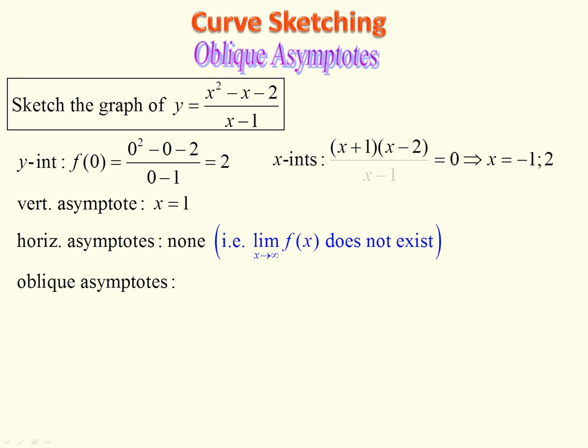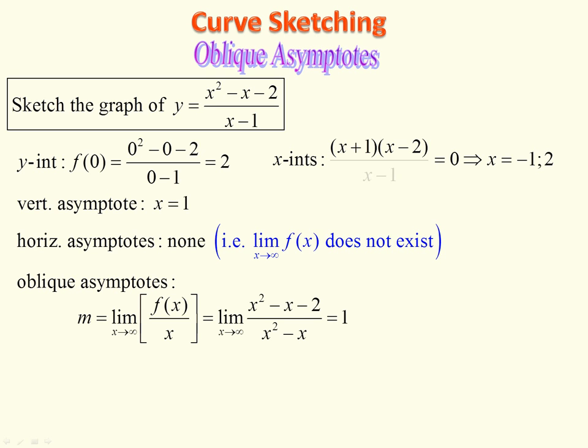Oblique asymptotes. Now I'm going to apply my formula. Remember, m is the gradient, the limit as x tends to infinity of the gradient. Therefore, the limit as x tends to infinity of f of x over x. And it works out as 1. So far we have y equals 1x.